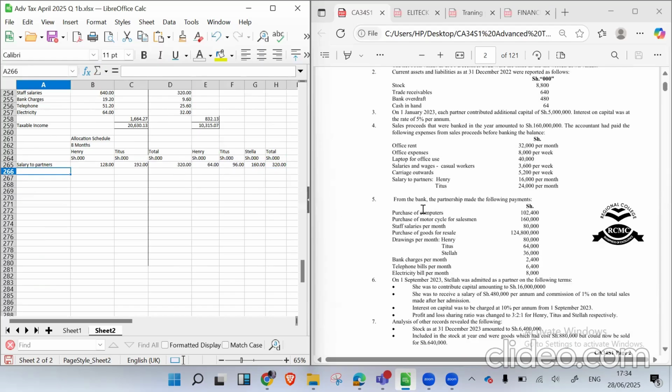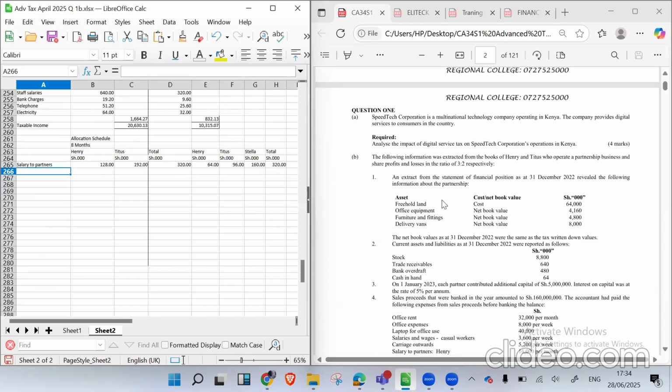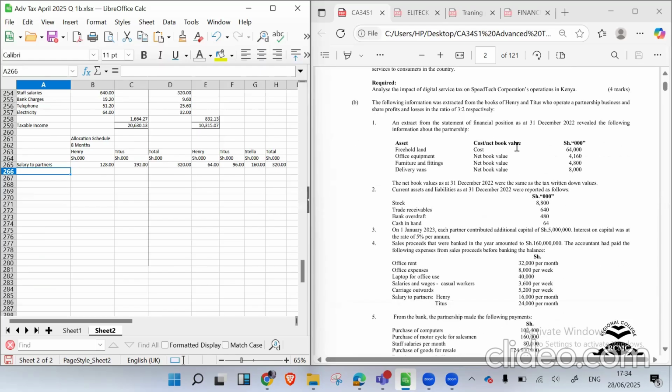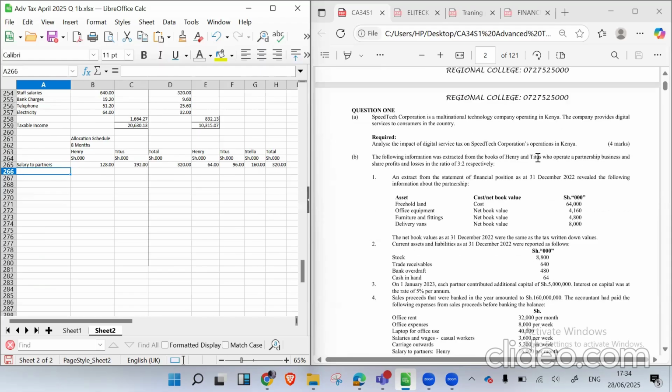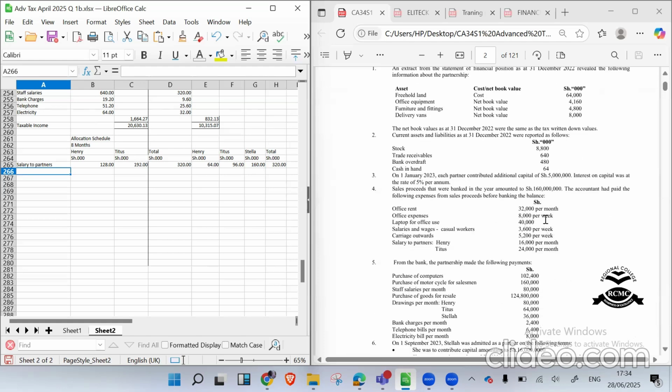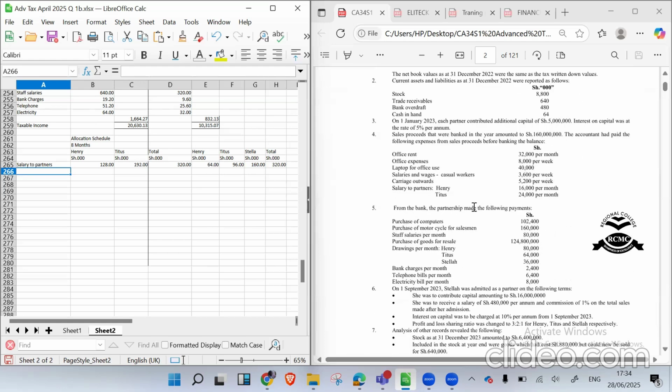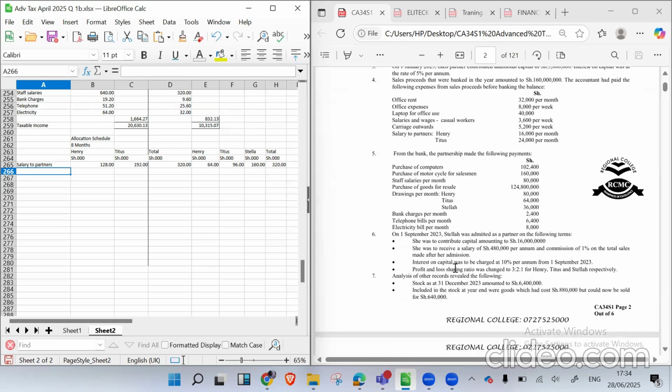After salary, were they supposed to enjoy anything else? Interest on capital. Any information about interest on capital? Note number 6. Note number 2.